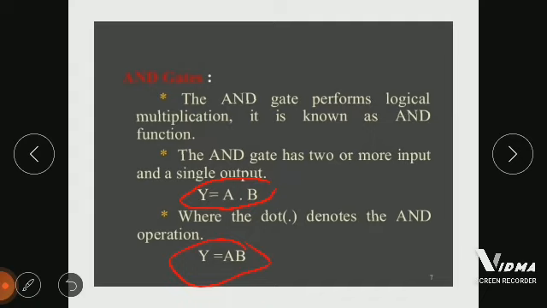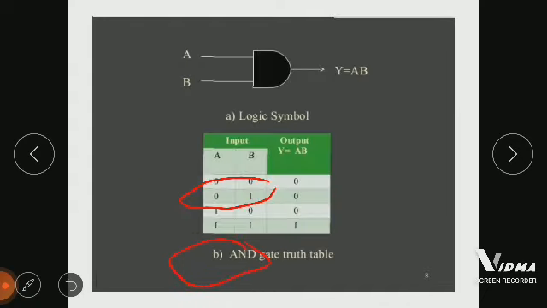The truth table and logic symbol are given over here. We have two inputs, a and b, and the symbol is in the shape of a D. That is the symbol for our AND gate. So y = ab. Again we will make the truth table for it, with a and b as two inputs and y = ab.